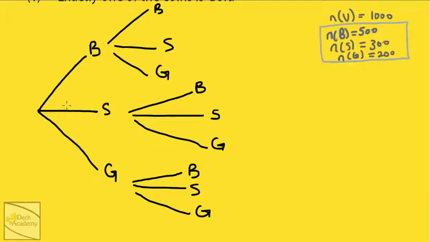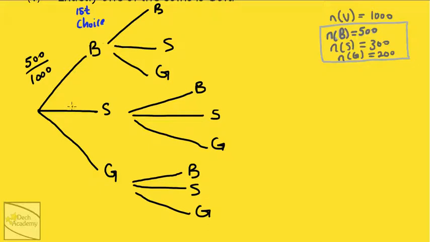So what I'm just going to do first is draw a complete tree diagram. Now the probability here is for the first choice, and then here we're considering the second choice. In each of these cases, the second choice. So first choice here, probability of picking a bronze coin. There are 500 bronze coins out of 1000, so it's 500 out of 1000.